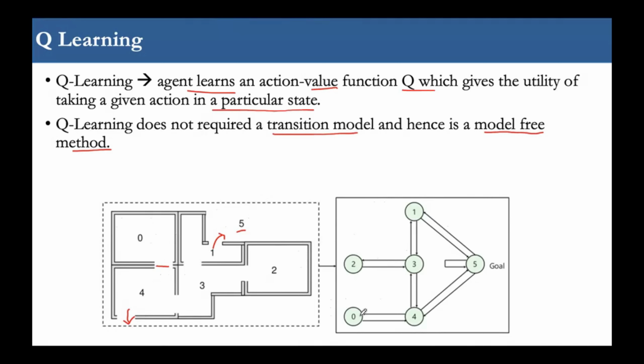So this is the graphical representation. We have nodes. Each room is represented as a node: 0, 1, 2, 3, 4 and 5. 5 is represented as the goal because we need to reach the goal. That is, we need to move from the building to the outside of the building.